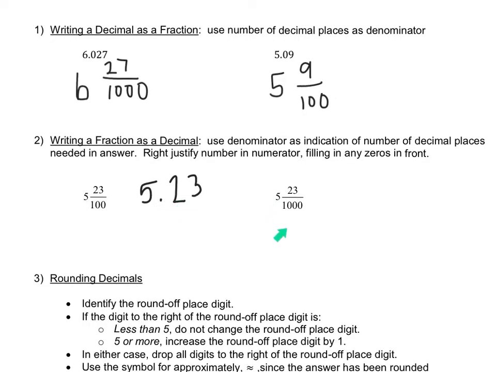So now we have the same kind of problem, but we have a denominator of 1,000. So first of all, we have the 5 for the whole number, point. Thousandths means 3 decimal places, tenths, hundredths, thousandths. So we put the 23 towards the right end and fill it in with a 0.